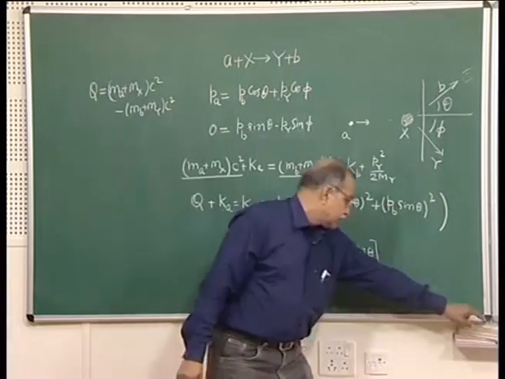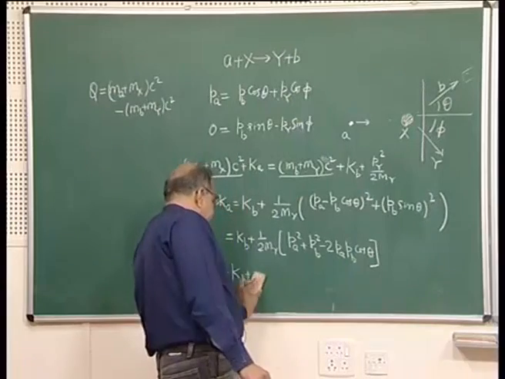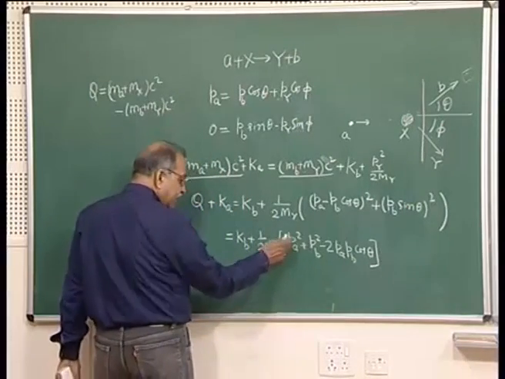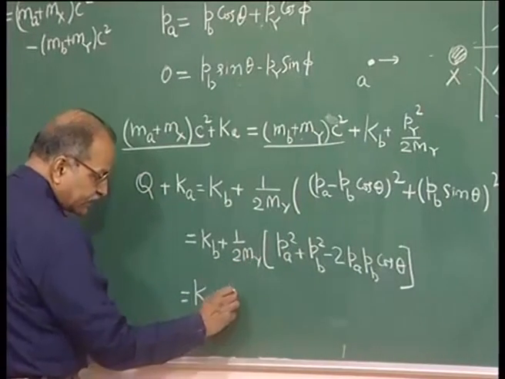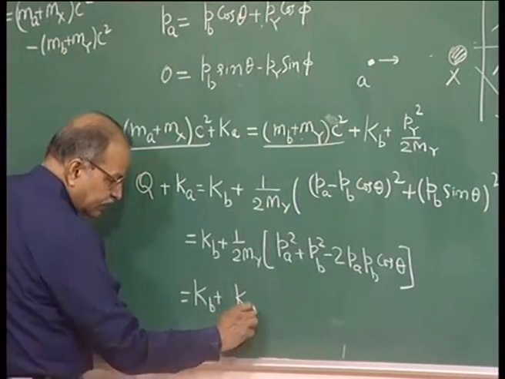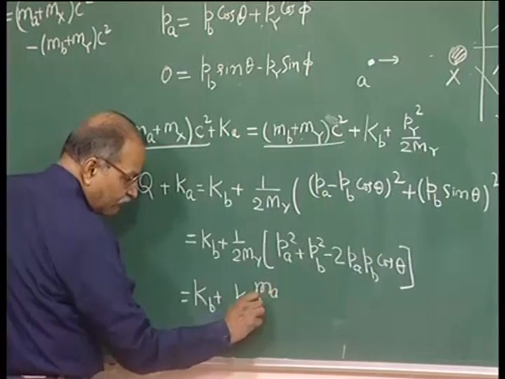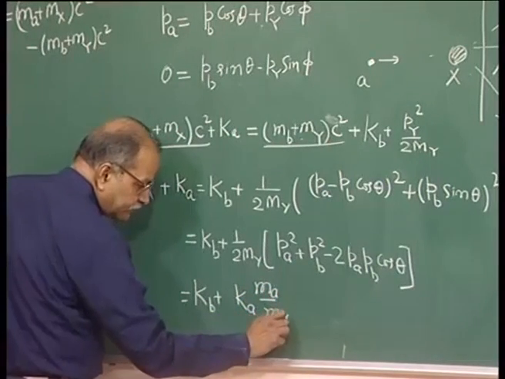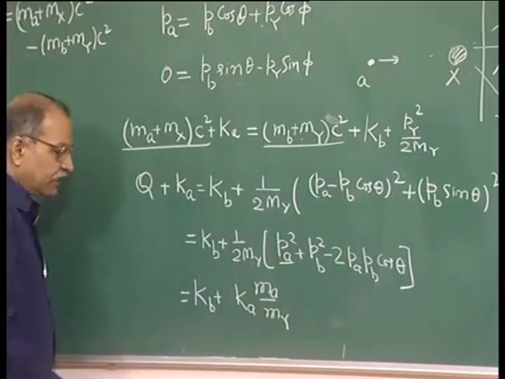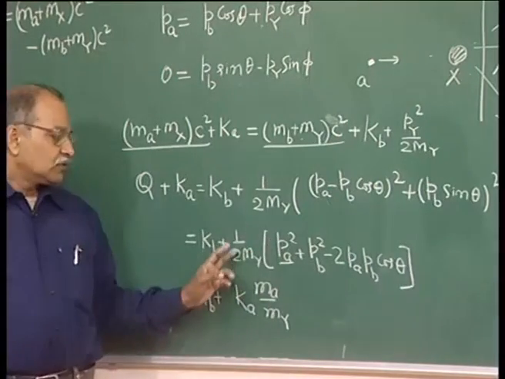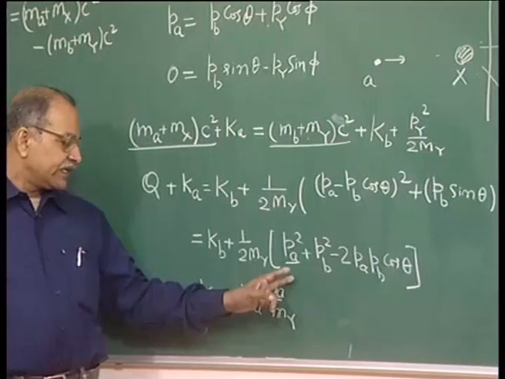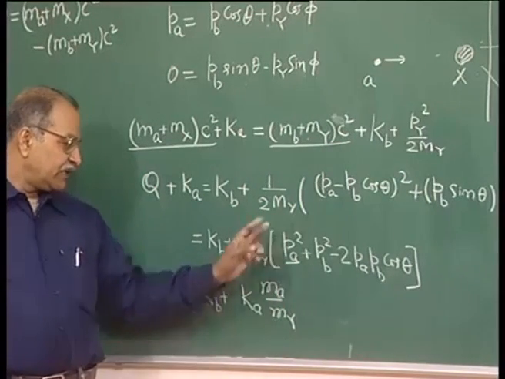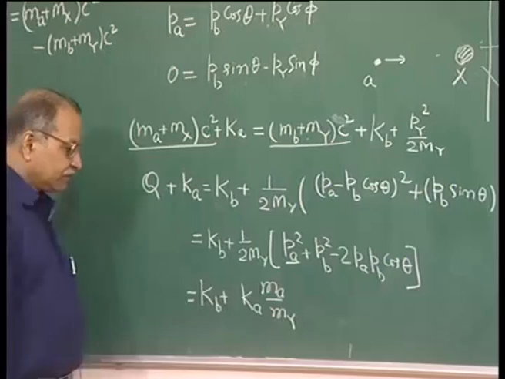So, here let us do some rearrangement. Pa square by 2 my, you can write this as Ka times ma by my. So, this term I am writing Pa square by 2 my; Pa square by 2 ma is the kinetic energy Ka, and then ma by my is this.